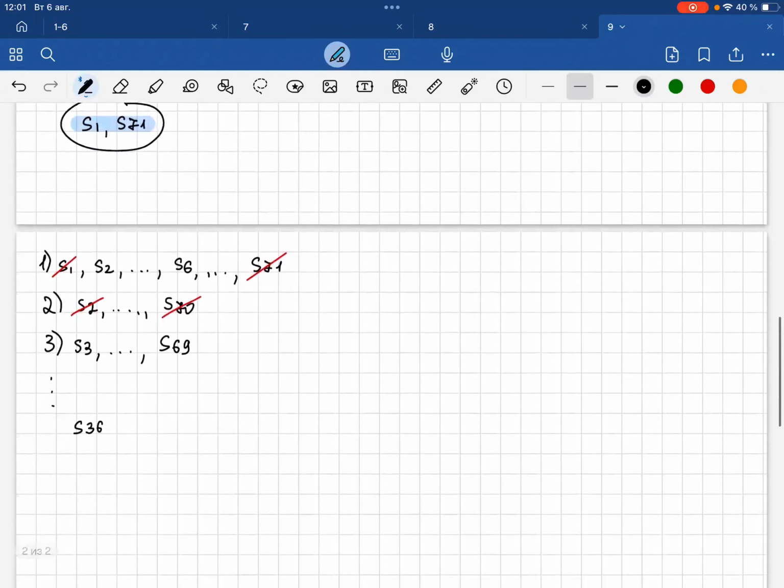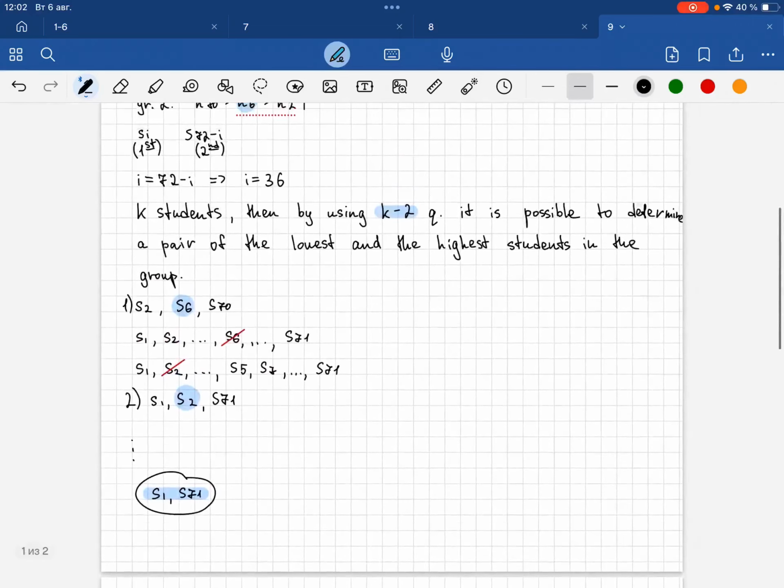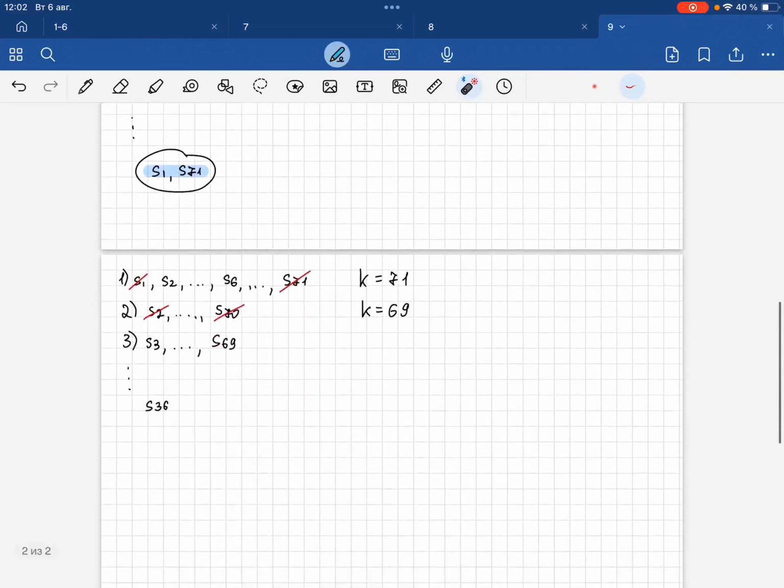According to the description of our process, to find the central student, we need k minus 2 questions at each stage. So here k is 71, here k is equal to 71 minus 2, so it's 69, and so on. At each stage we'll need k minus 2 questions to find this pair of the lowest and the highest student.